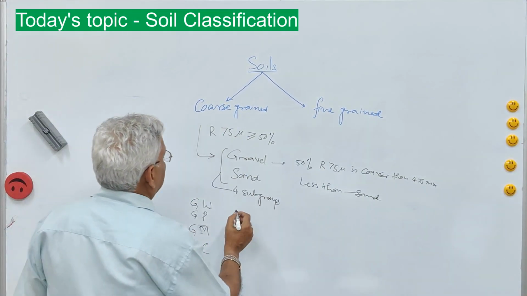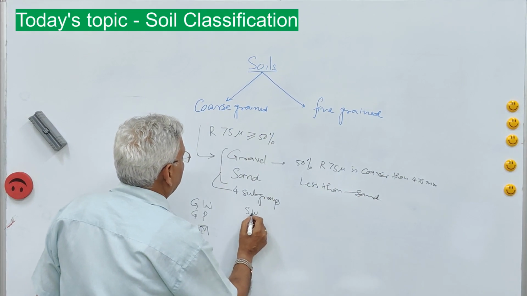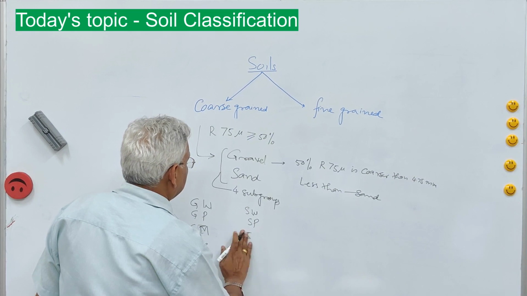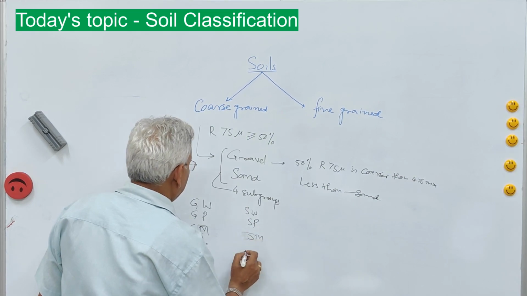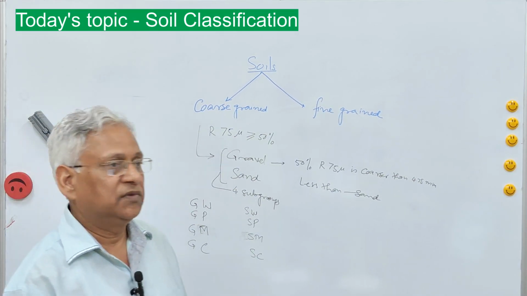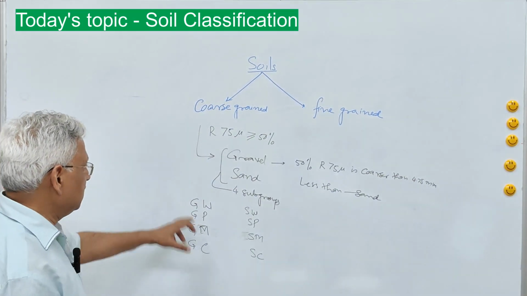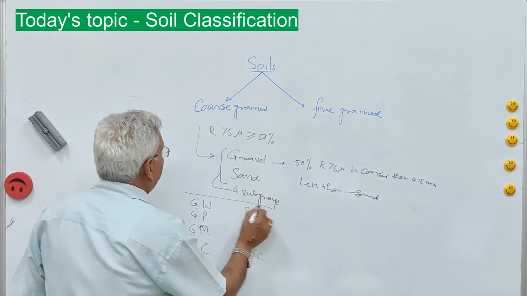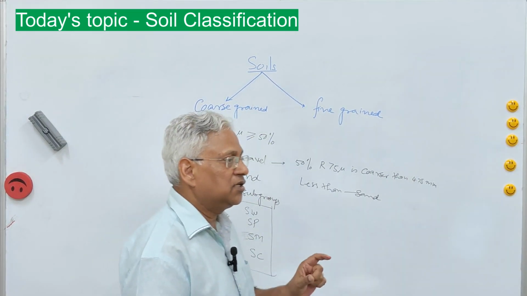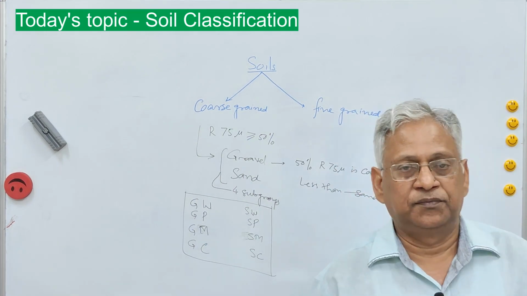Same is the case with sand. Sand also can be of well graded type, poorly graded or silty sand SM, or silty or clay sand SC. So there are 8 groups of coarse grained soil, and these are defined based on the grain size distribution.